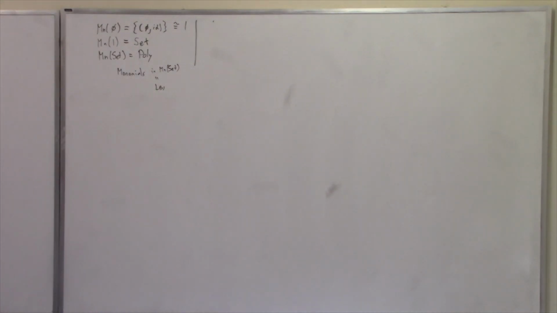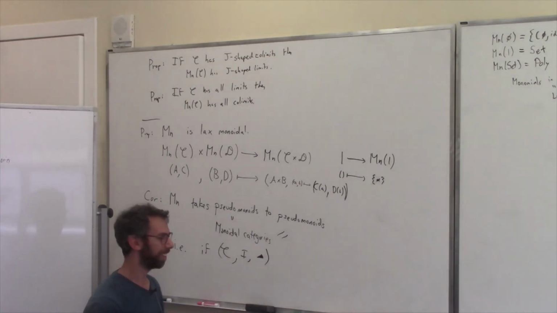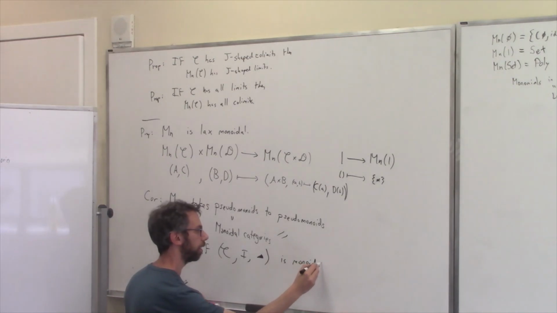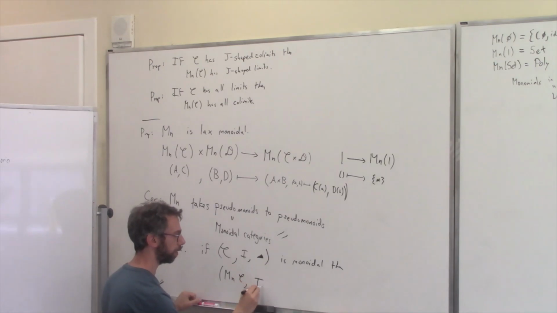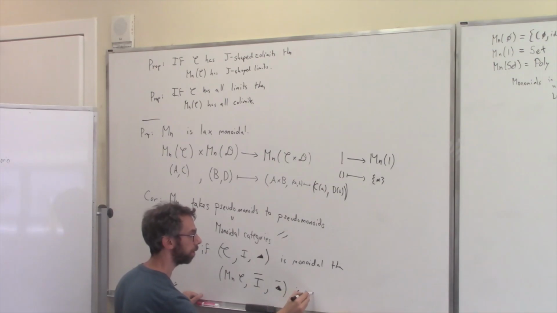So, okay, let me say this again. If C with some kind of I and some kind of monoidal product, I started believing that monoidal products that are not symmetric should have non-symmetric symbols, is monoidal, then menu C with, I'll just call it I bar, and this thing bar is monoidal too.